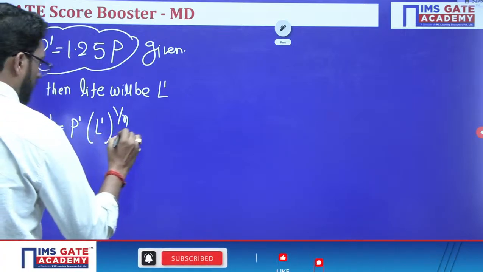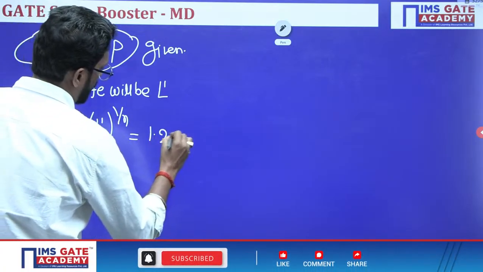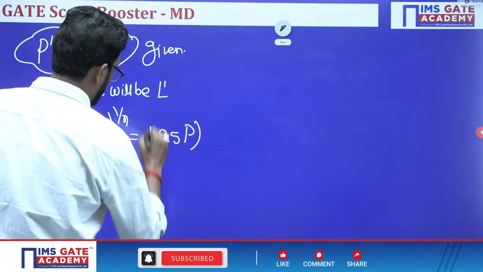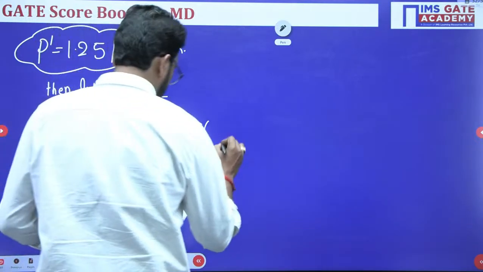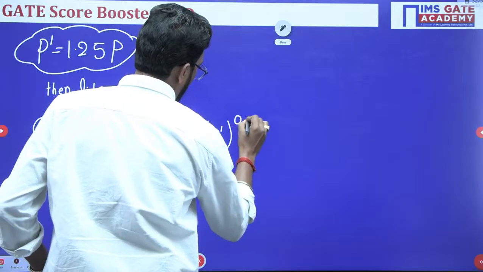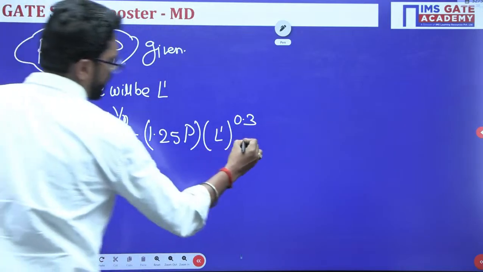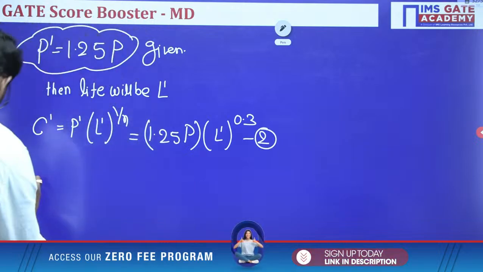So P dash is 1.25 of P, into L dash to the power 0.3. This is equation number 2. Take a ratio of these two.